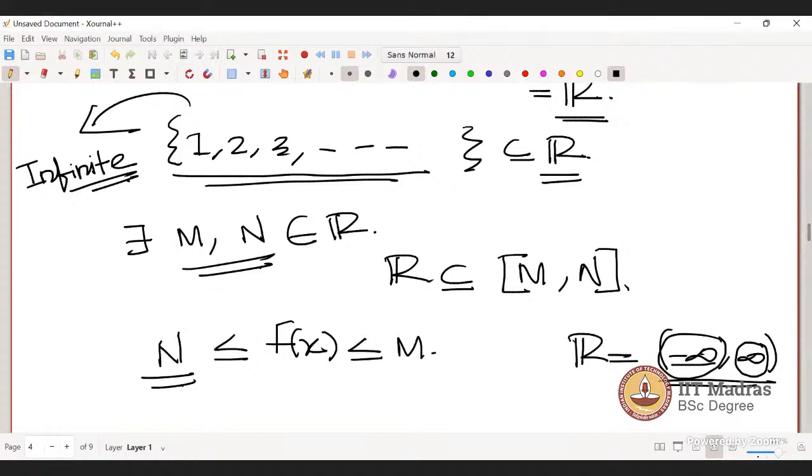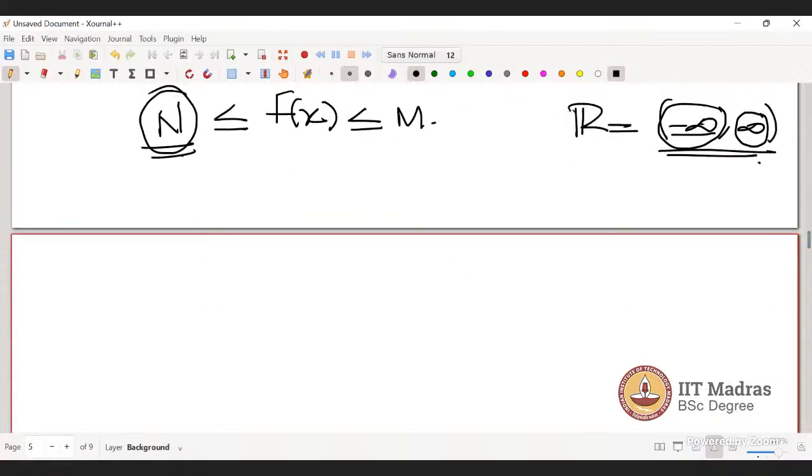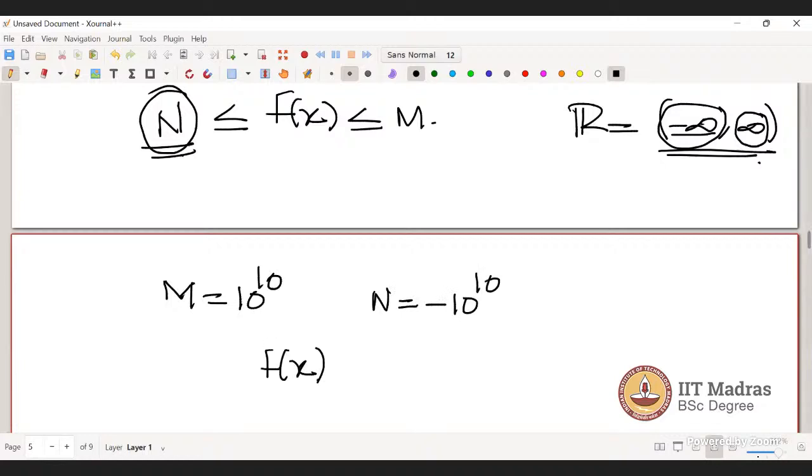So I cannot give you some numbers N and M. For example, if I take M to be 10 power 10 and N to be minus 10 power 10, then my f of x is not in between these two numbers.